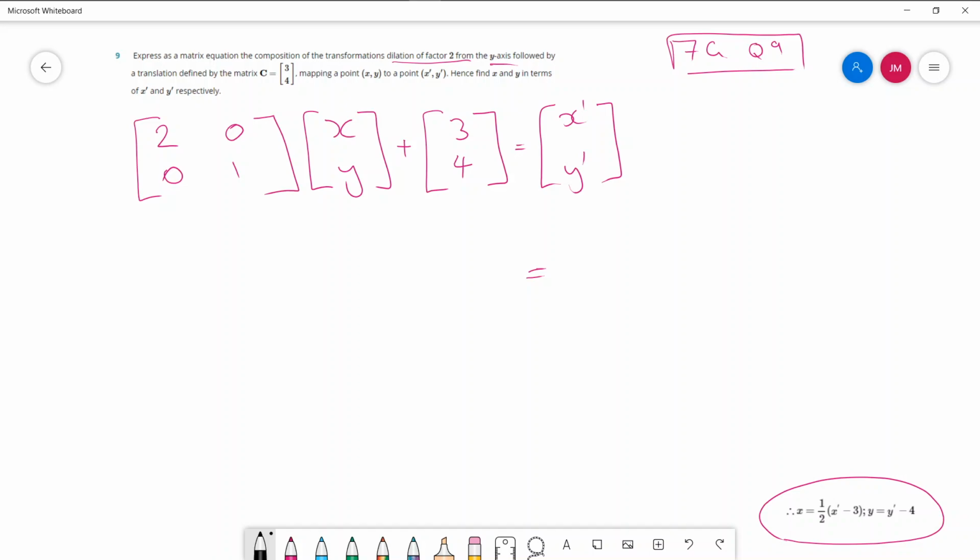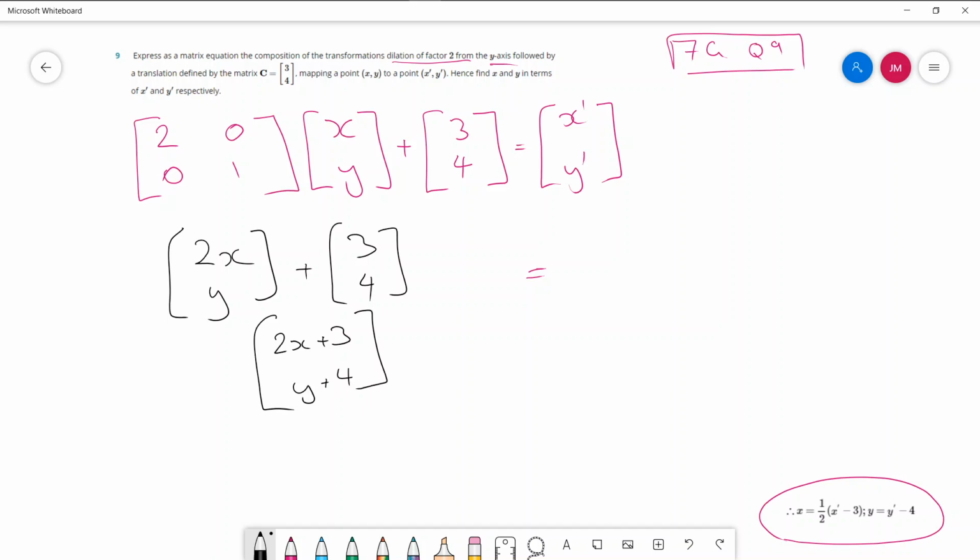So I'd get 2x over y, and then I'm going to be adding the 3, 4 matrix, and that's then going to give me 2x plus 3, y plus 4 as my 2 by 1 matrix. So that's the left side of this equation. On the right hand side, I've just got my image. So all of that just equals the image of x and y.